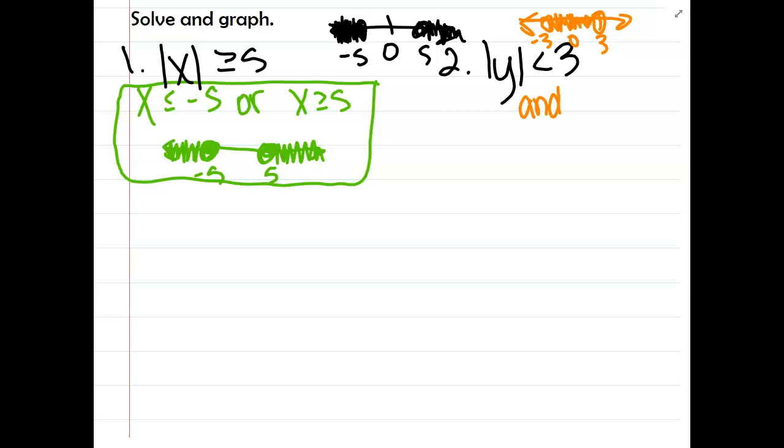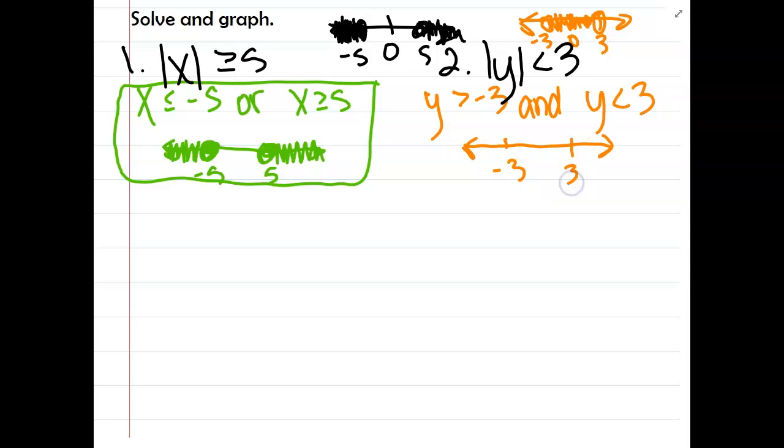Now to come up with the 2 inequalities, I like to drop the first one on the right-hand side because it stays just the same: y is less than 3. Drop the absolute value bars, drop it on the right side. The second one, the y stays the same. Flip and flip: greater than negative 3. This one's already solved for y, so you're ready to graph it.